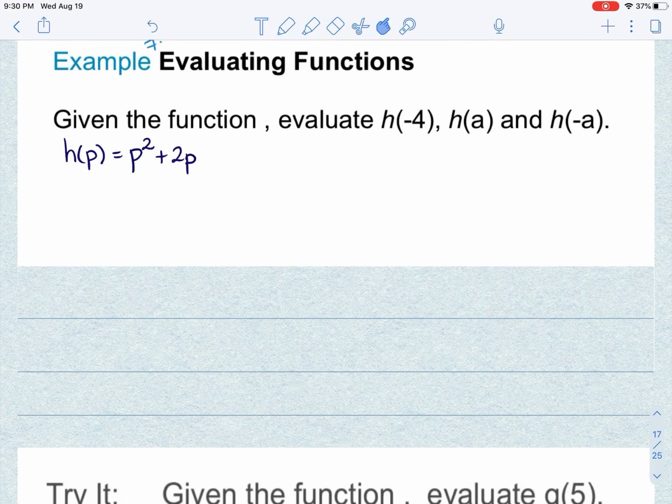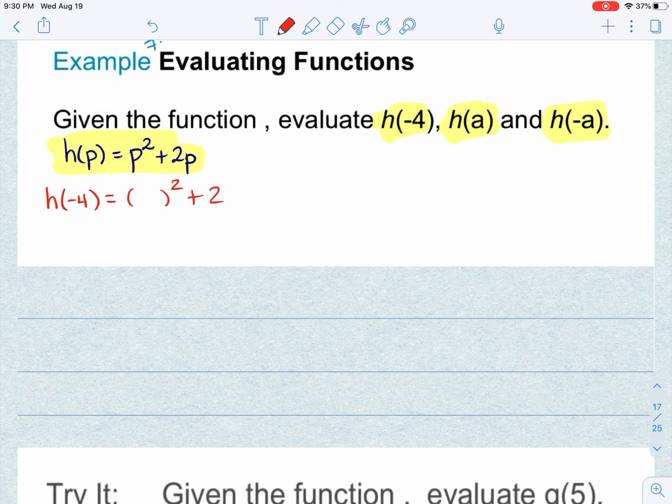All right, let's look at example 7. In this case, they only want us to substitute in negative 4, A, and negative A into this function here, p squared plus 2p. Let's try h of negative 4.